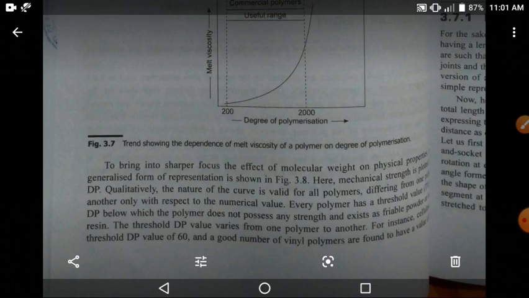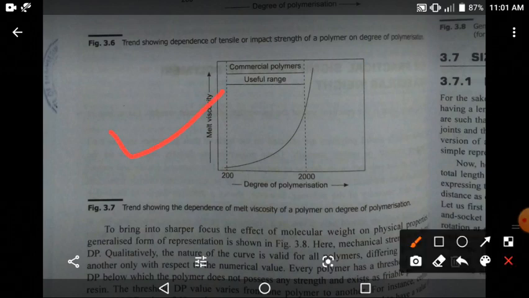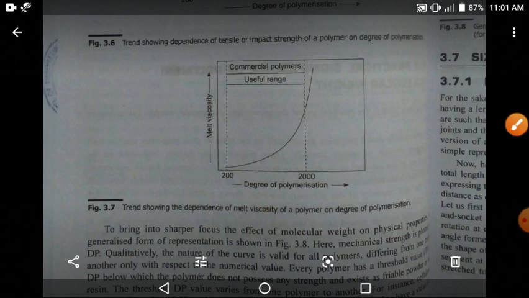For instance, cellulose has a threshold DP value of 60, and a good number of vinyl polymers are found to have similar values. This graph is for chemical polymers, with degree of polymerization and melt viscosity as the basis. So first of all, draw this figure. This is an important part for practical use.